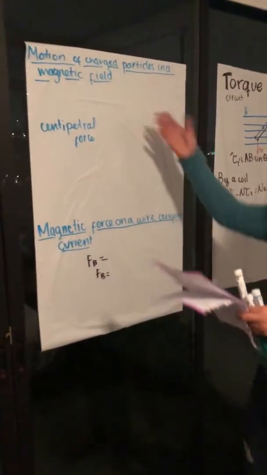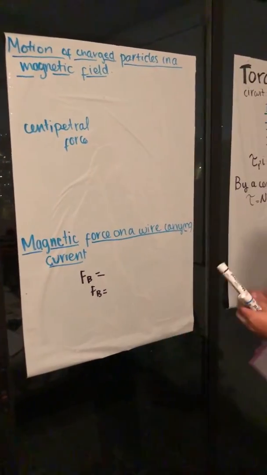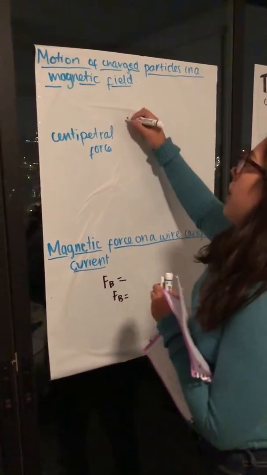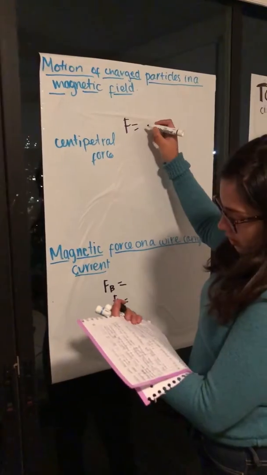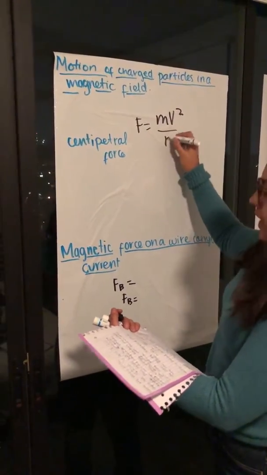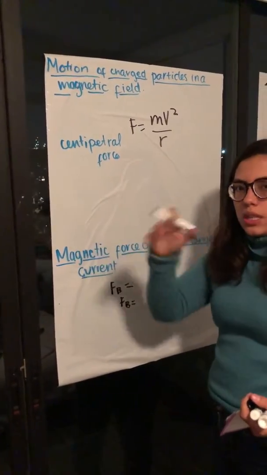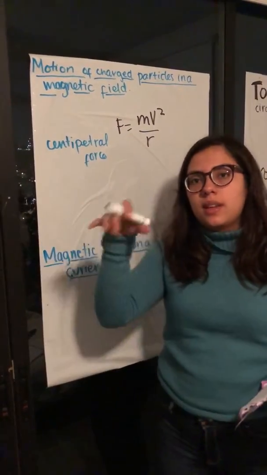Okay, so motion of charged particles in magnetic fields. Using centripetal force, which is given by F equals mv squared over the radius, since we have to know that the magnetic field induces a circular movement.